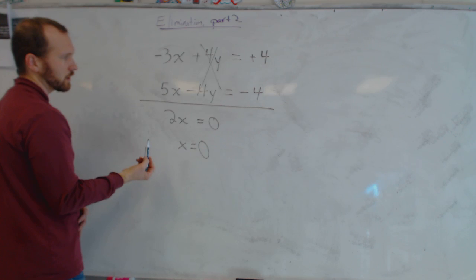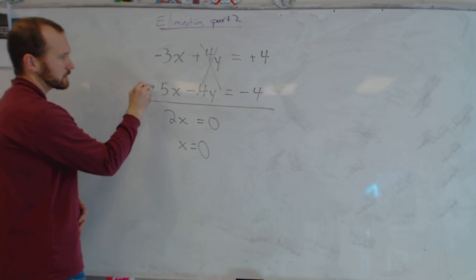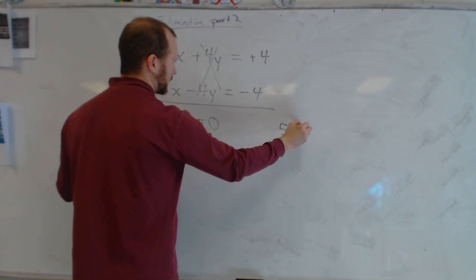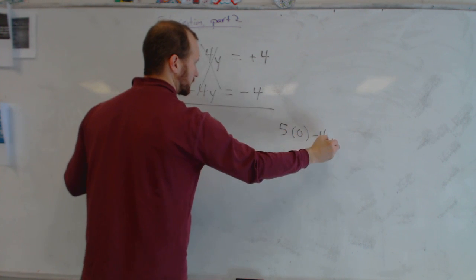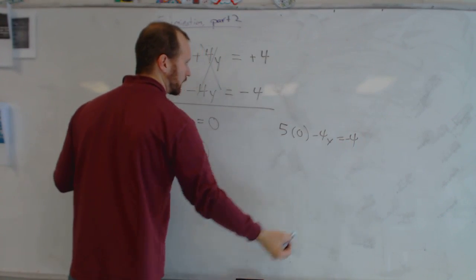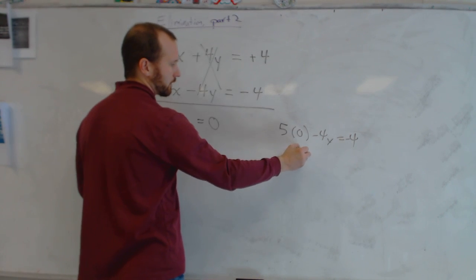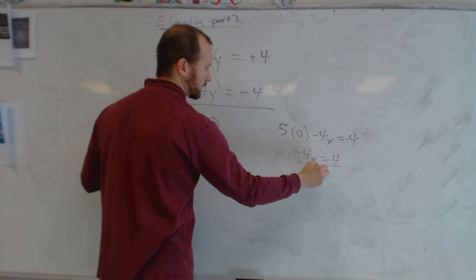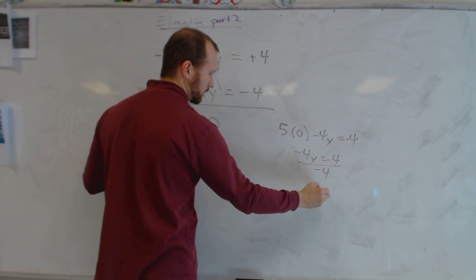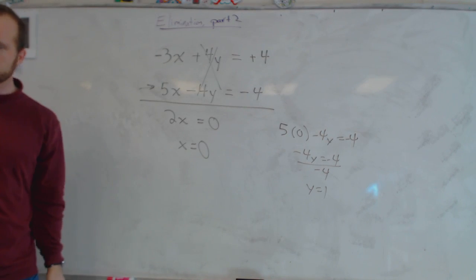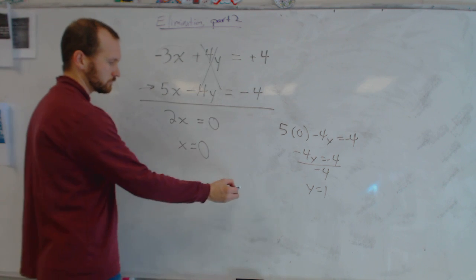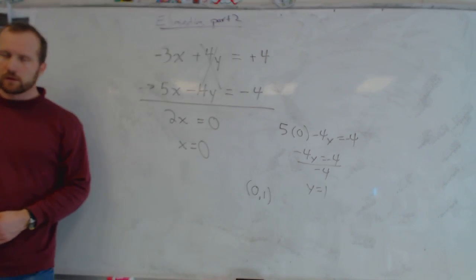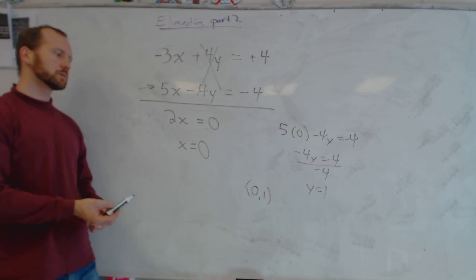If x is 0, let's plug into this equation. 5 times 0 minus 4y equals negative 4. So we have negative 4y equals negative 4. Divide both sides. y equals 1. So the answer is 0, 1.